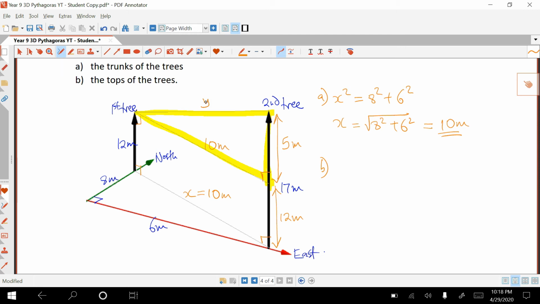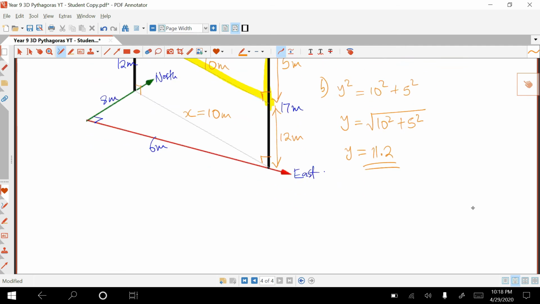So by Pythagoras theorem, y squared will be equal to 10 squared plus 5 squared. So y will be equal to the square root of 10 squared plus 5 squared. Now if you plug that in the calculator, that will be equal to 11.2. That's it.